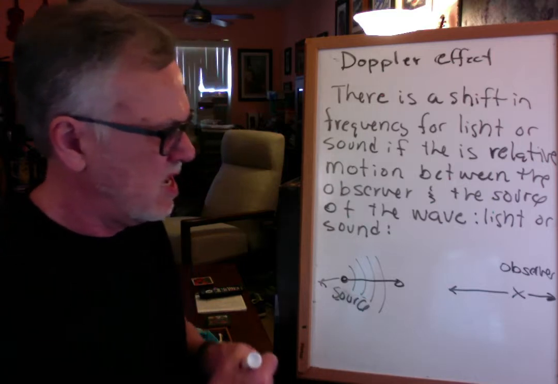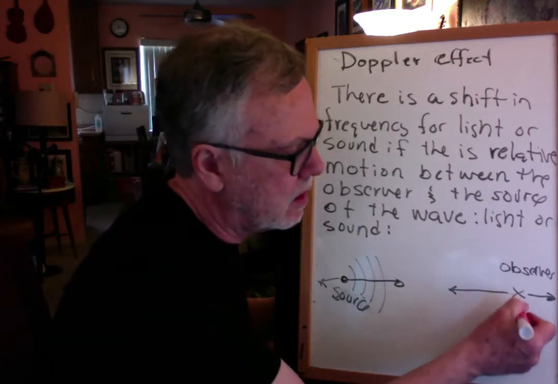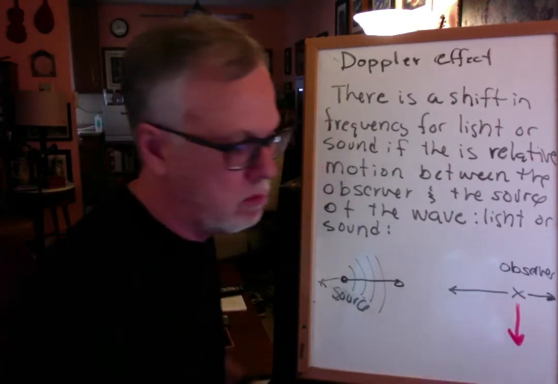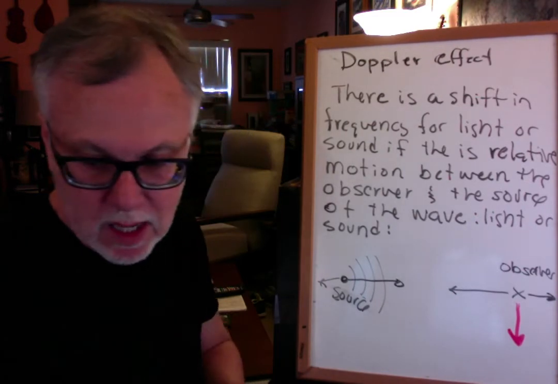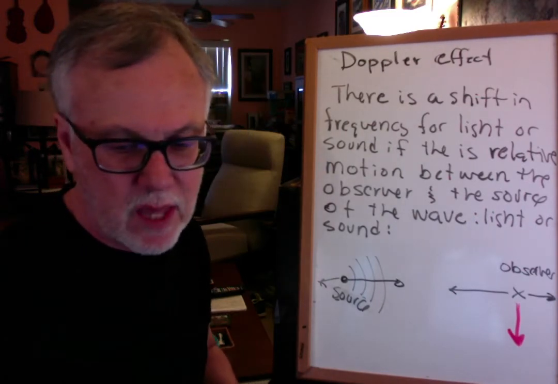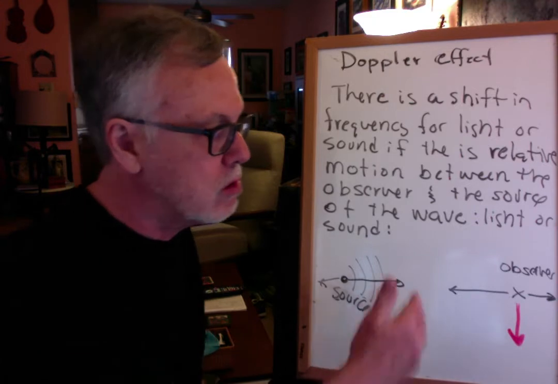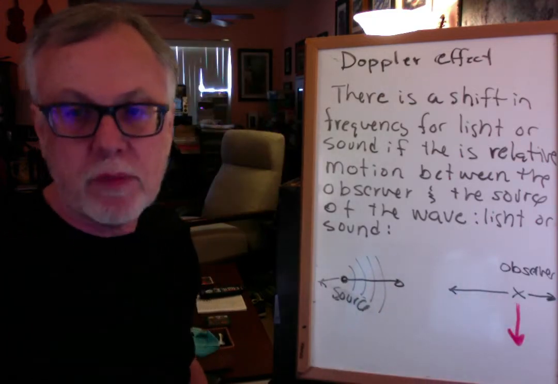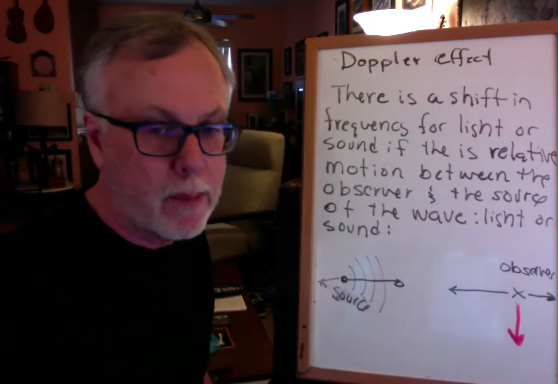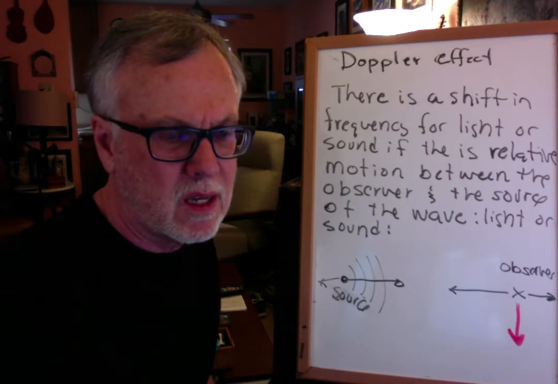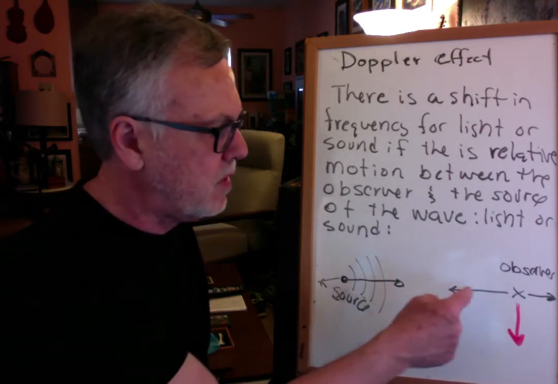Now, if I'm moving in a direction that is not directly towards or away, I won't experience any type of Doppler shift. And so there has to be that directly.